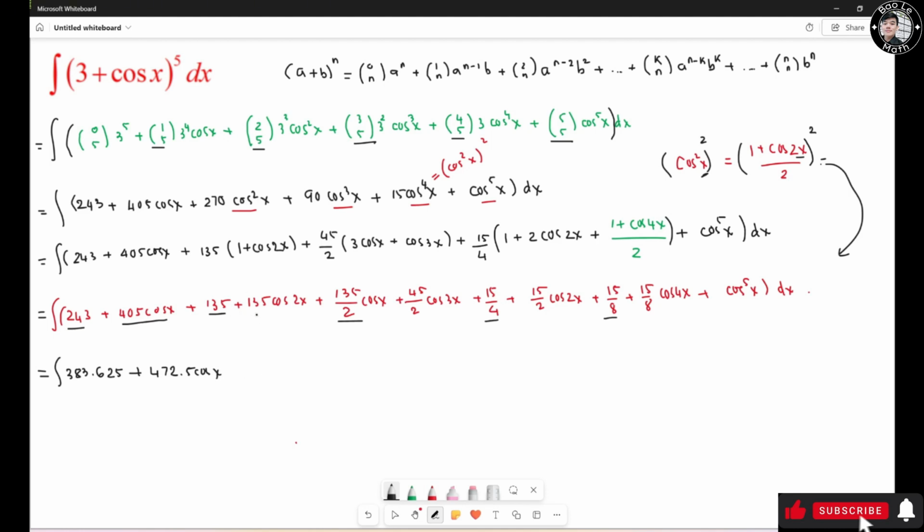Now next one, 135 cosine 2s and 15 over 2 cosine 2s, right, turns out to be 142.5 cosine 2s.